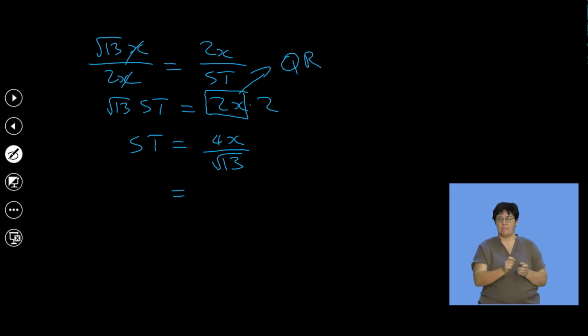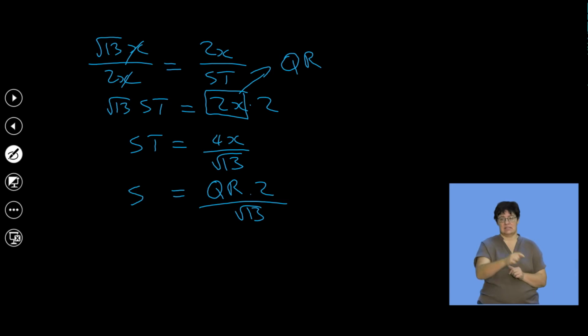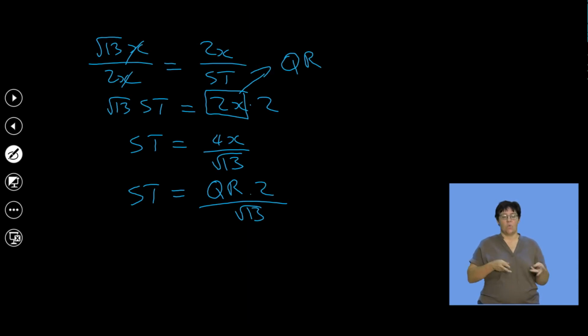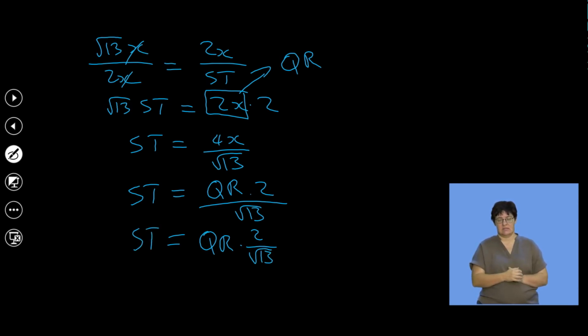Therefore, it means this is the same as QR multiplied by 2 over the square root of 13, and that is equal to ST, which is exactly the same as what they wanted us to prove. And then that's about it. But if you want to write it in that form, you can just also do that. QR times 2 over square root of 13, and that will be ST, and you will then be done.